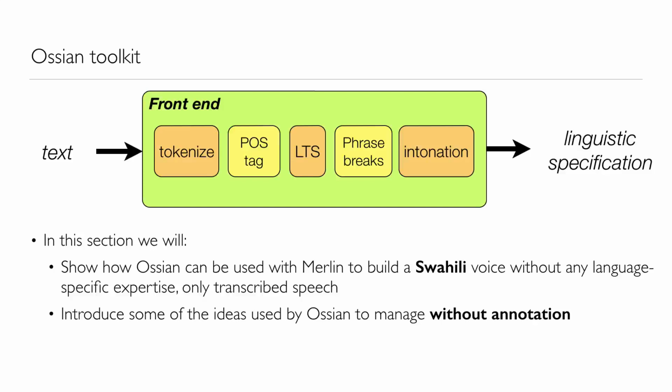We've started adding kind of expertise and annotation, but this is the first thing we did and it gave quite reasonable results. And I'll point out some of the ideas that we try and use to manage with as little annotation as possible. I'm going to look at each of these modules from a conventional front end and say how we try and replace them essentially in this more naive approach.